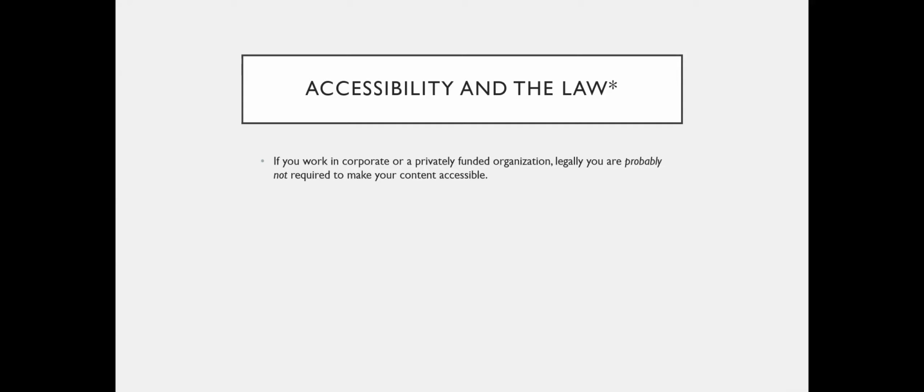I imagine that you are all in P through 12 public institutions, but maybe you're in a private institution. I don't know. I teach students that work in a variety of industries, both public and private.